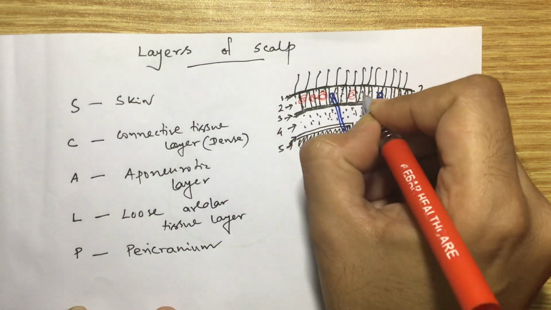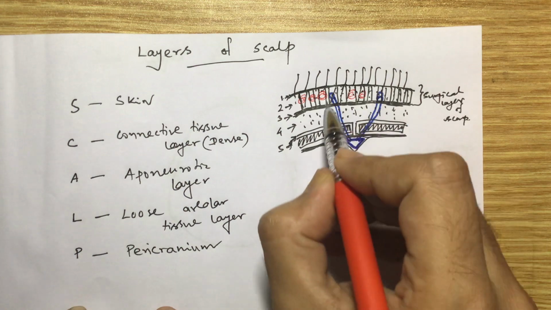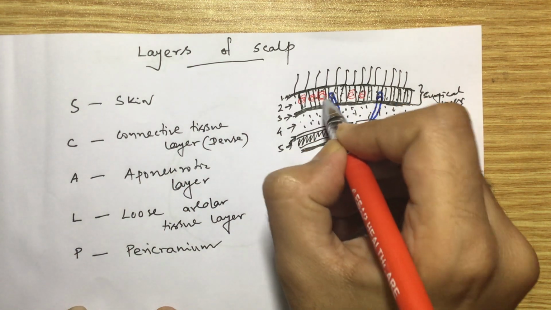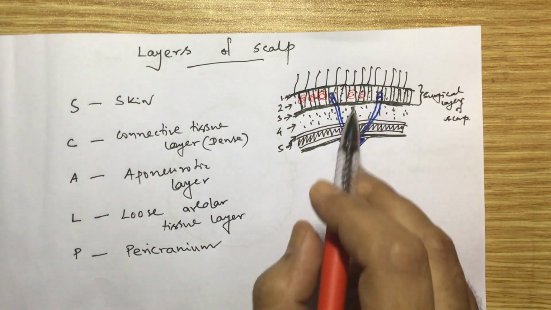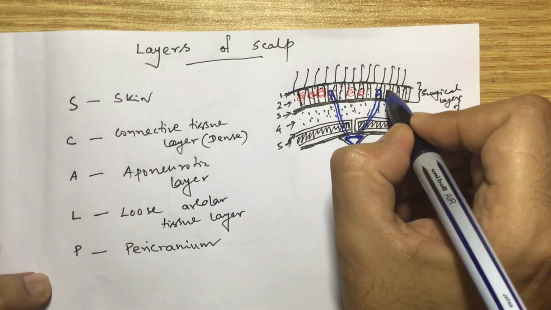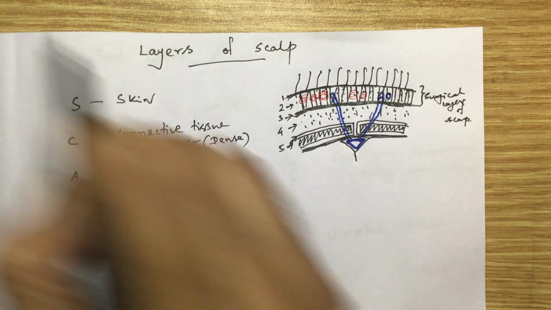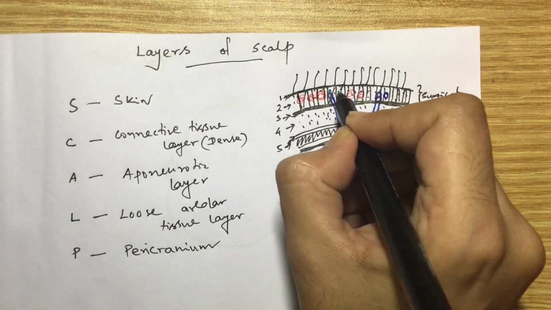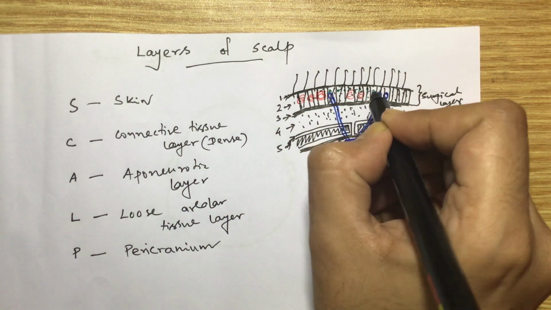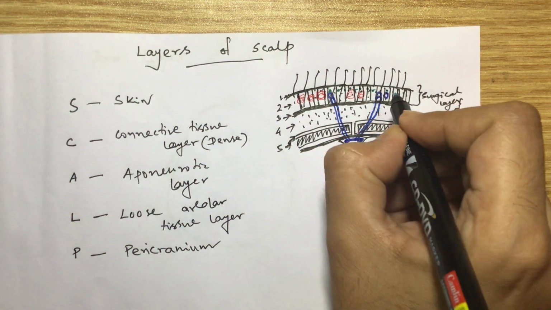That huge amount of blood supply is there, and the vessel walls are attached with those fibrous septa. The arteries and veins are present here, and nerves are also present here. So the neurovascular bundle is mainly present in this layer of the scalp.